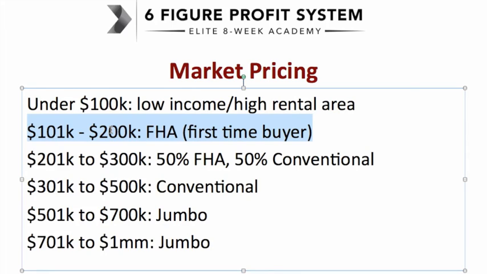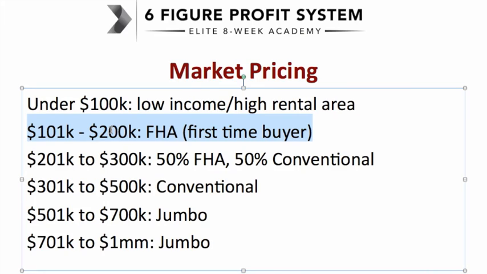And the 200 to 300, you have a mix of first-time buyers and conventional buyers. Conventional is typically your second home buyers, your lower middle class. They're still getting started, but it might not be their first home. You get some dual income earners and that sort of thing, but it's a mix because it's the 2 to 300. Then you have your 3 to 500. These are typically your more established conventional buyers, dual income, middle class.